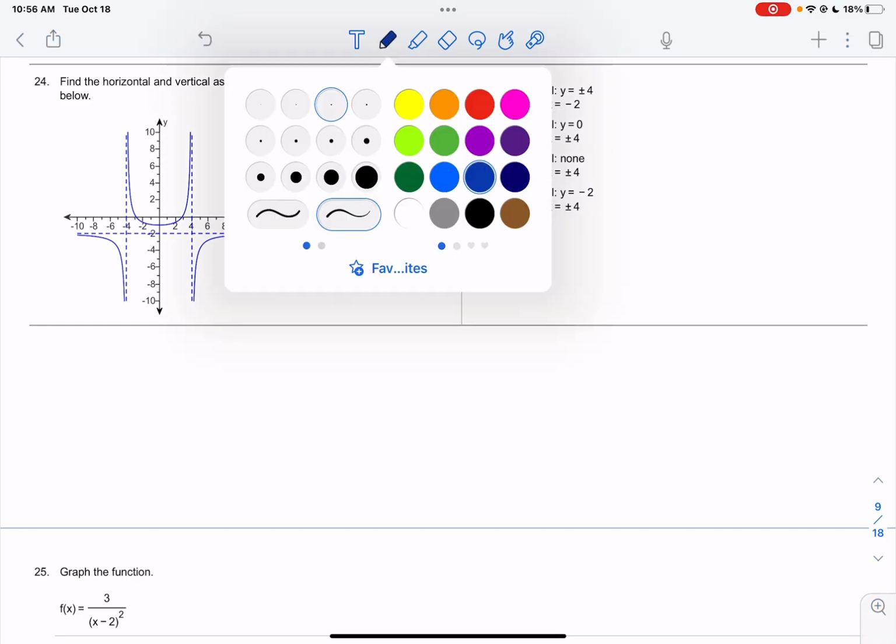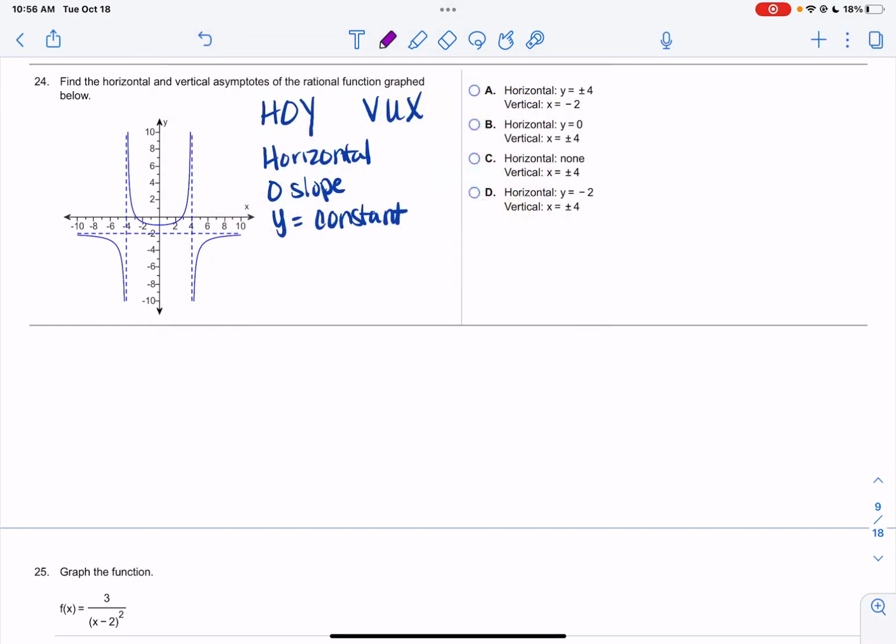For vertical lines, V stands for vertical. U means that their slope is undefined. And the equations are written in the form of x equals a constant. So this graph has two vertical asymptotes and one horizontal asymptote.